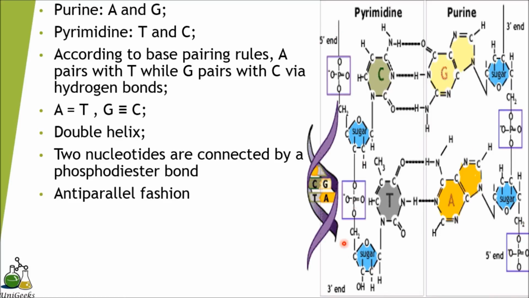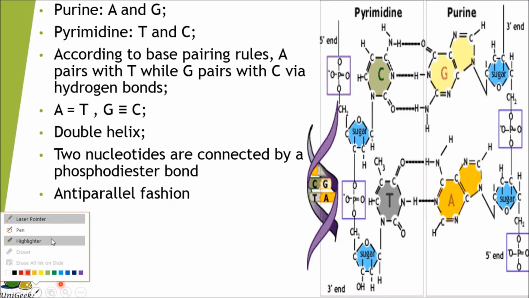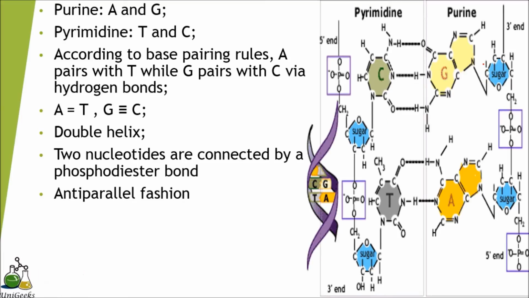Well, the 3' and the 5' refer to the sugar itself. If we simply number the carbon atoms of the deoxyribose sugar, the first carbon atom, second carbon atom, and the third carbon atom. So here we got 3' end.